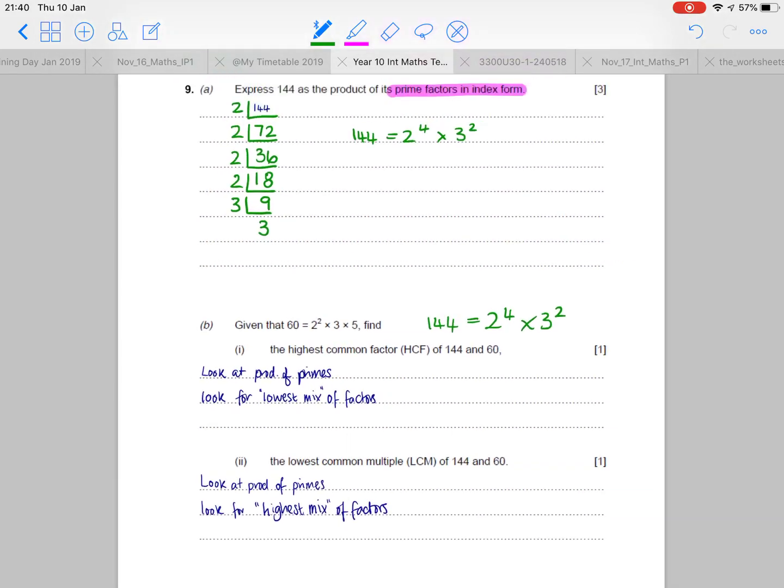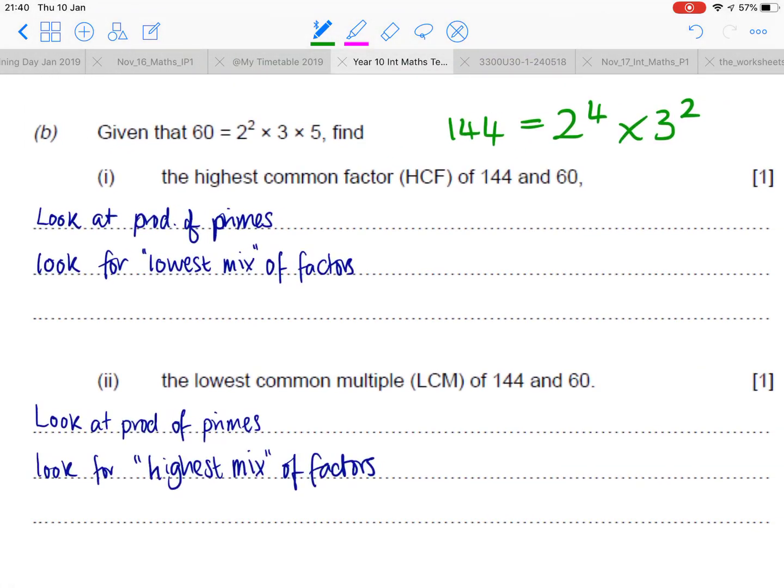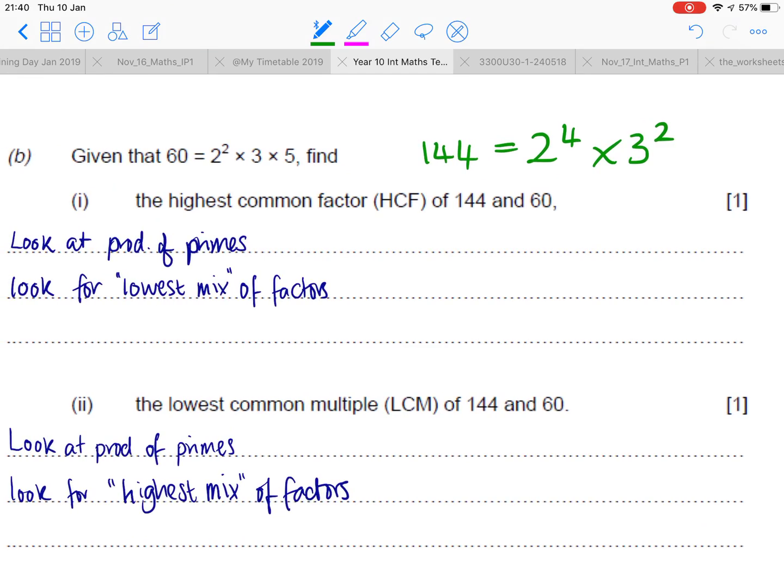And I'm actually going to add to part B a 5 to the power of 0. So that I've got 2s, 3s and 5s, 2s, 3s and 5s. Every equation is the same. Every prime number is written in the same 3 factors.